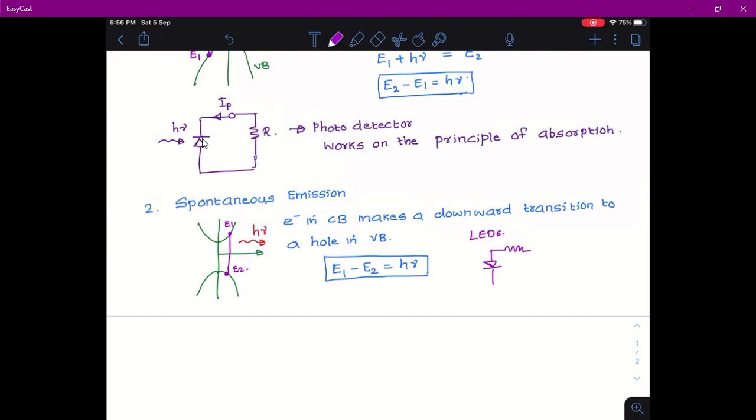When you supply a current, the forward current IF, to the LED, the forward biased LED will emit light in different directions. So this is based on the principle of spontaneous emission.